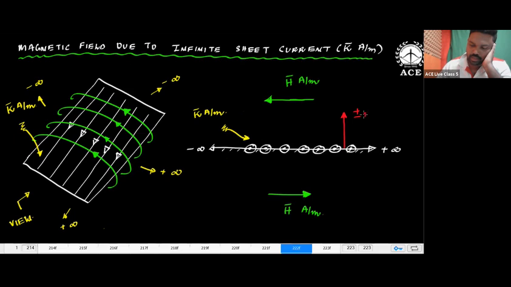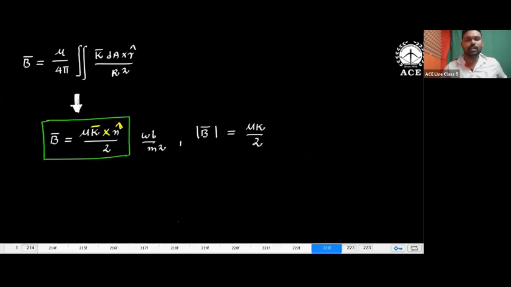You can take this as plus or minus N cap. Take the cross product of these two. Current direction is outside, current direction cross unit vector gives the direction.